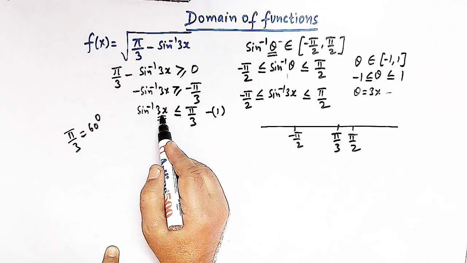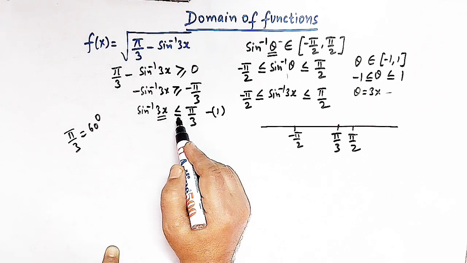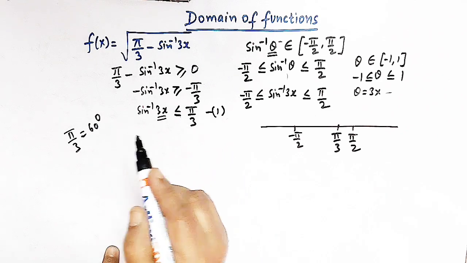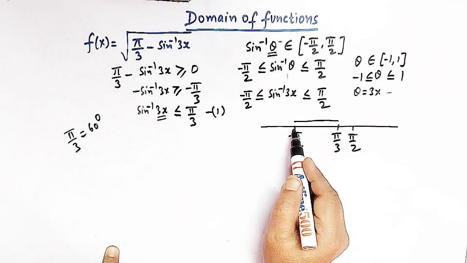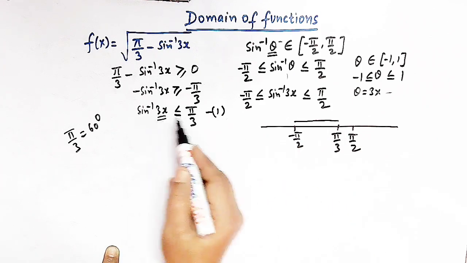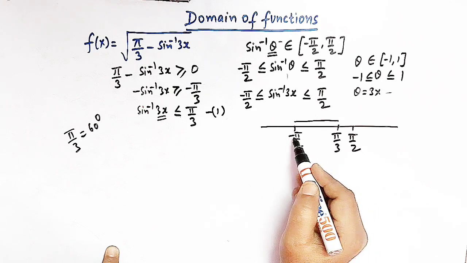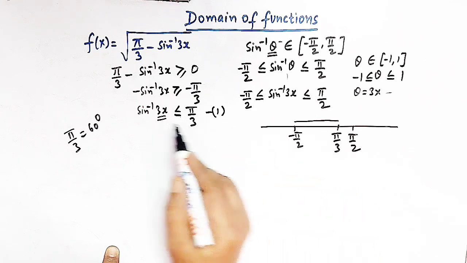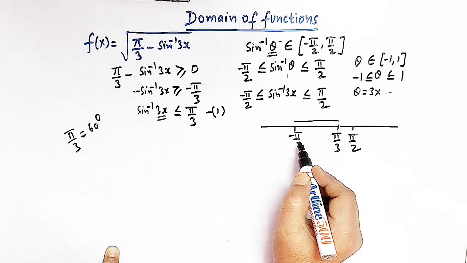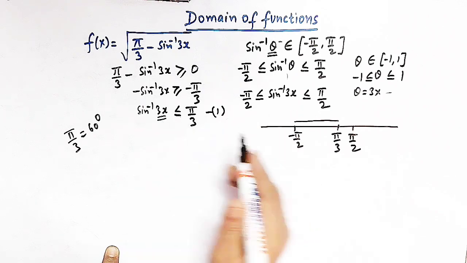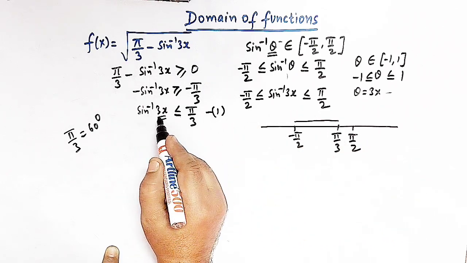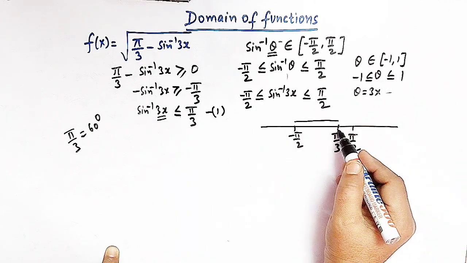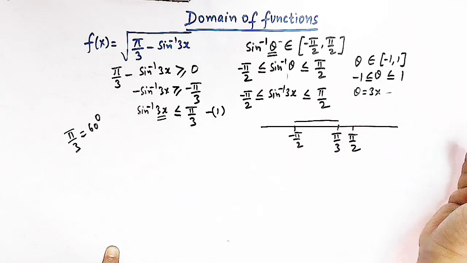Sine inverse 3x less than or equal to pi by 3 indicates that we have this region, because sine inverse 3x cannot go beyond minus pi by 2 to the left, and similarly sine inverse 3x cannot exceed pi by 3 towards the right.